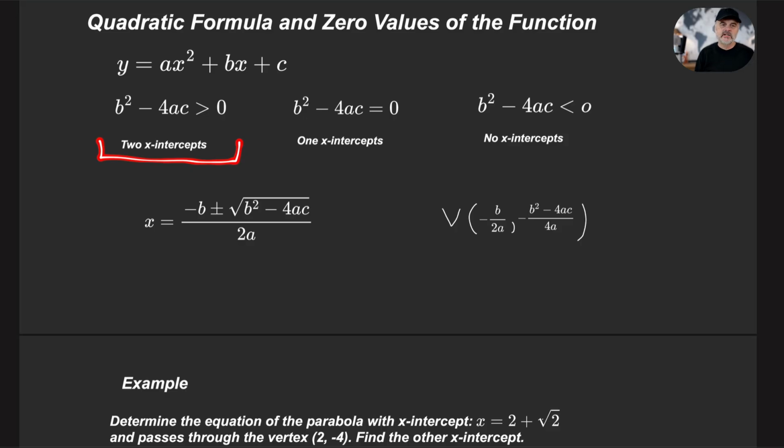If the discriminant is greater than 0, there are two roots, two x-intercepts. When it is equal to 0, you have one x-intercept, one root of the quadratic equation. If it's less than 0, there are no x-intercepts and no roots. However, the vertex can always be obtained by using the formula that you're already familiar with.